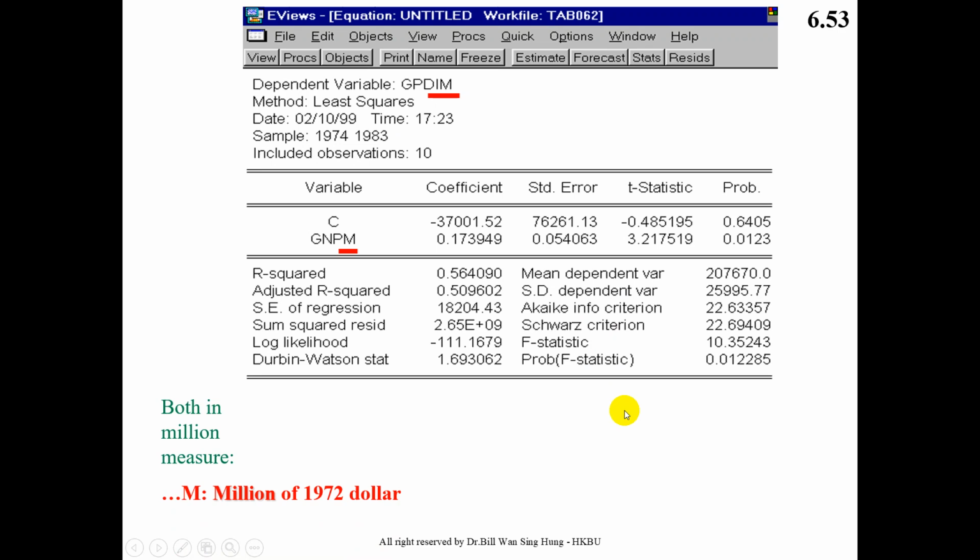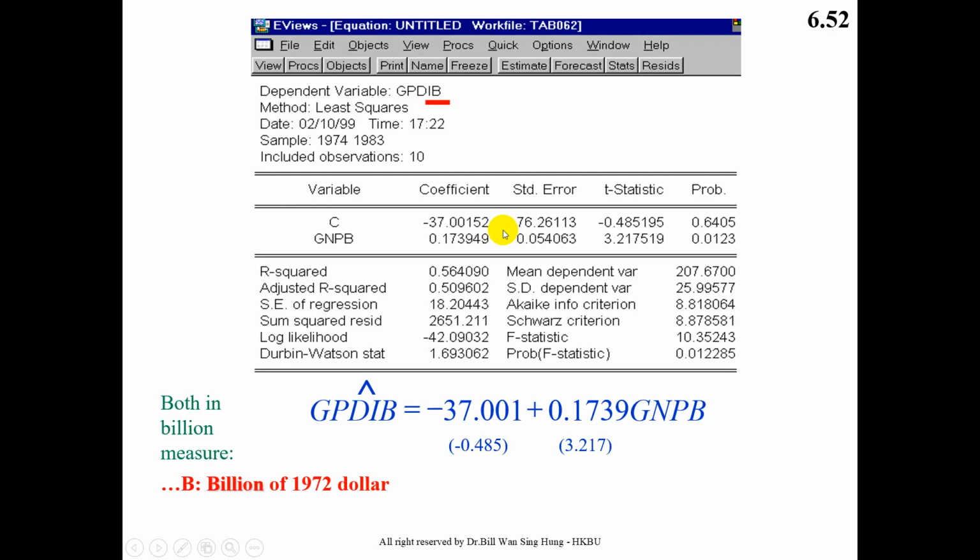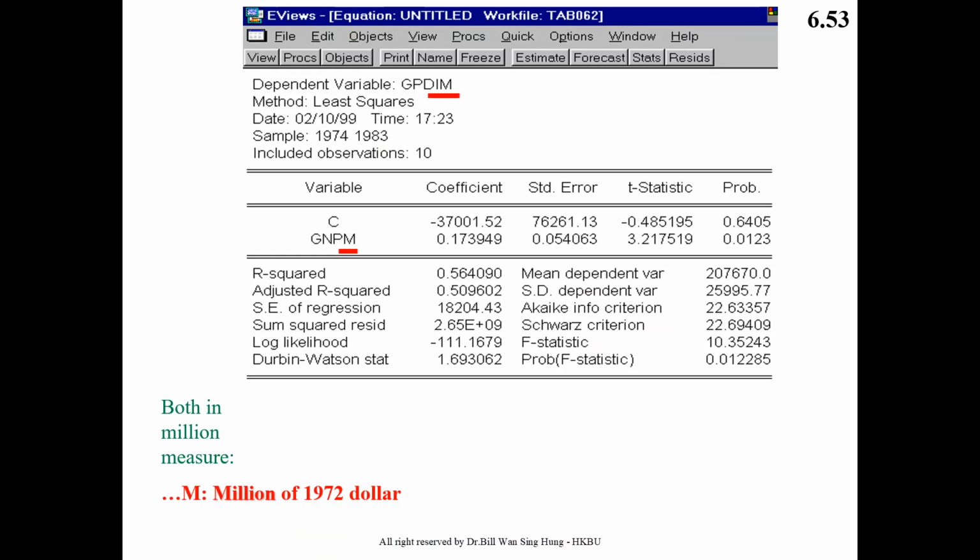Let us suppose we estimate this model, but here we change both the scales and these are in millions. So now you see the coefficients are the same and the slopes are the same.